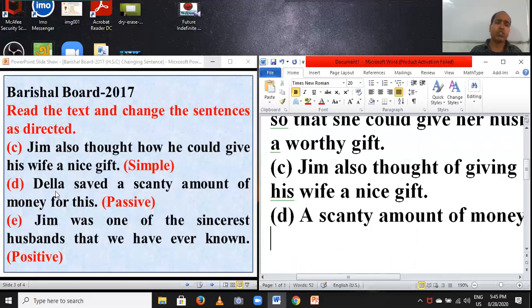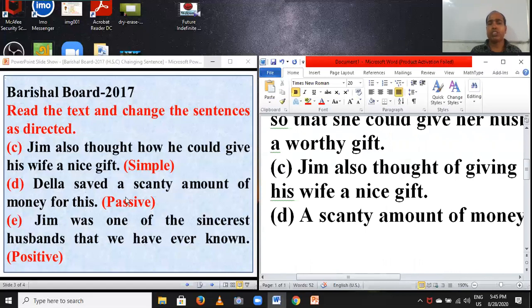And you have to set the auxiliary verb, but there is no auxiliary verb in this sentence. So you have to go to the next step.